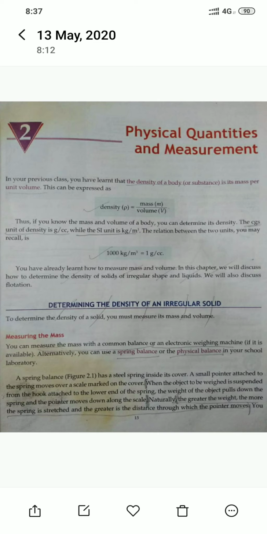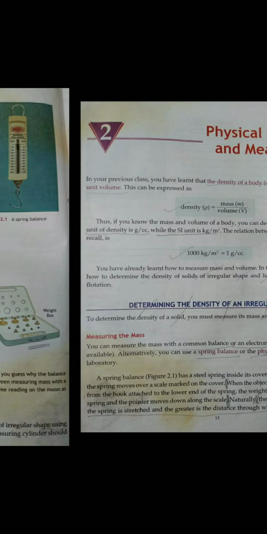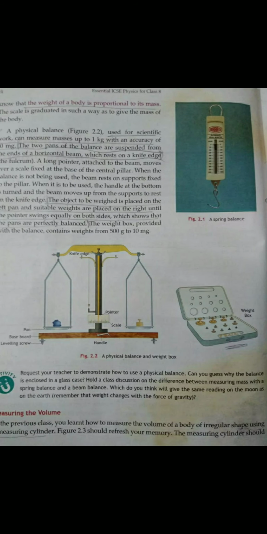That means the spring balance is measuring the weight of the object, and because weight is proportional to mass, it will also give us the mass. So the spring balance gives us the weight and the physical balance measures the mass.